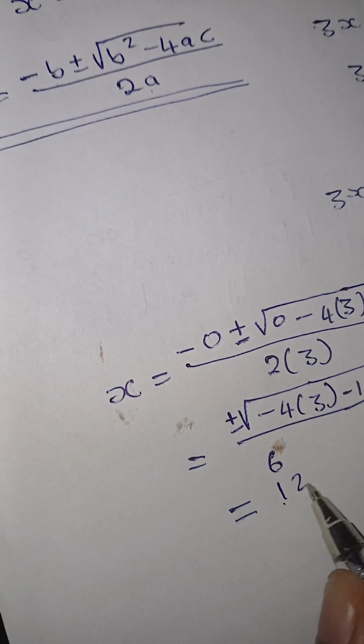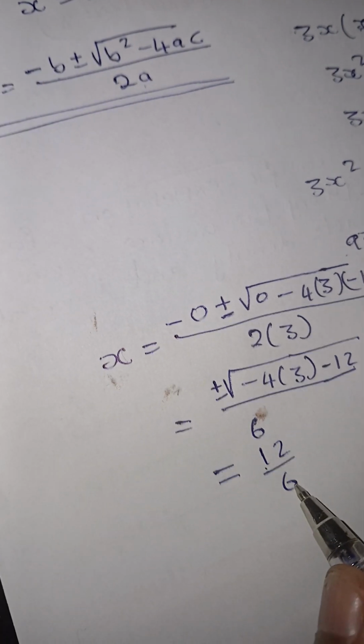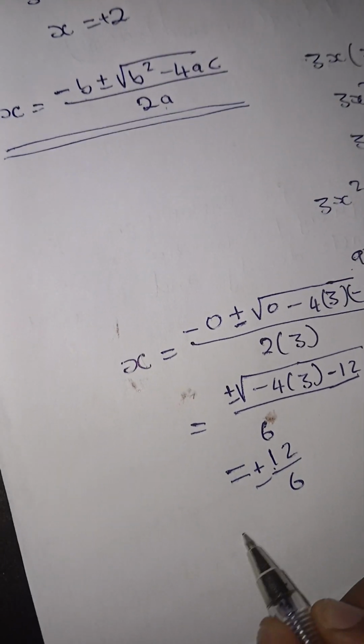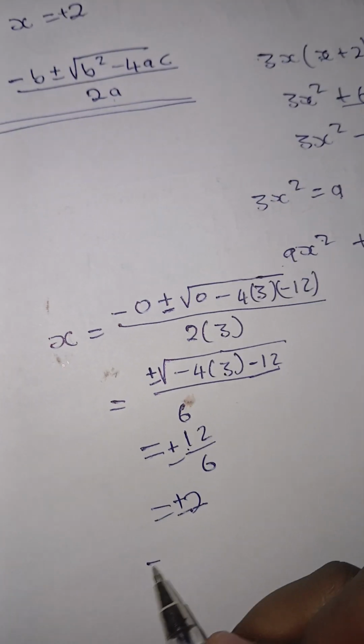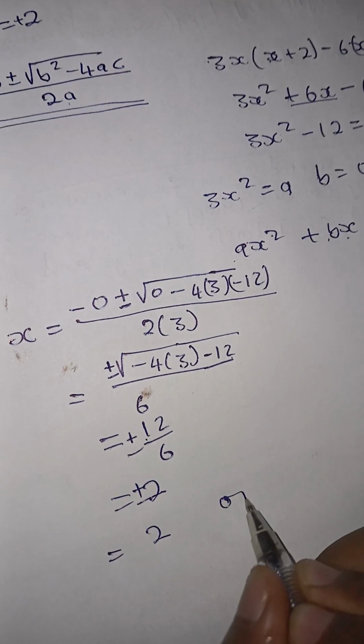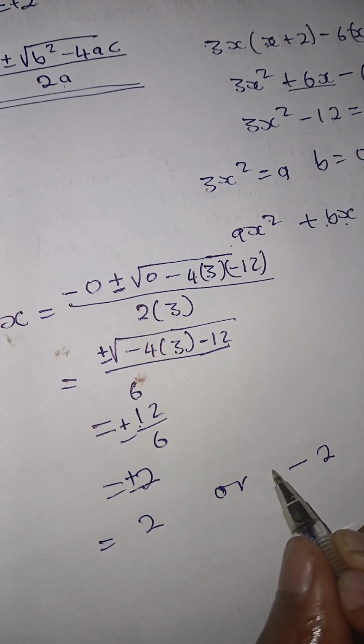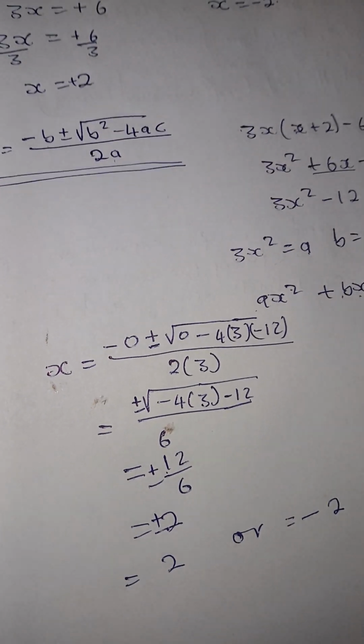We're going to say 12 over 6, which is plus or minus 2. Then the answer is going to be 2 or negative 2. Okay.